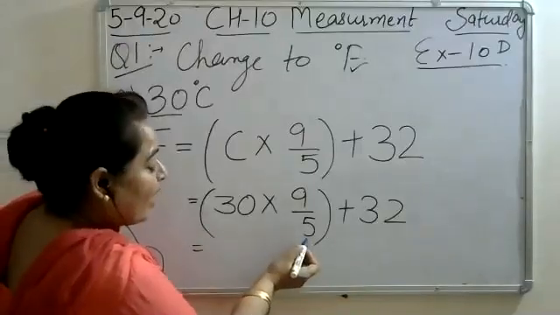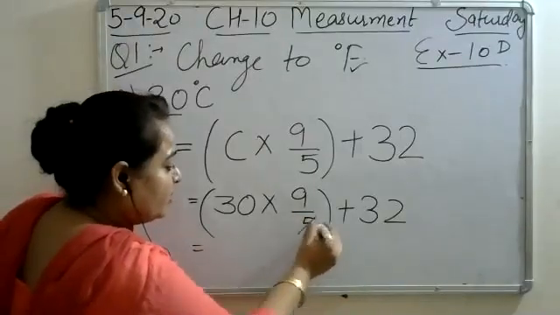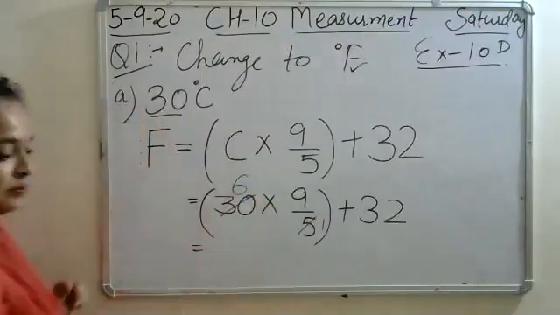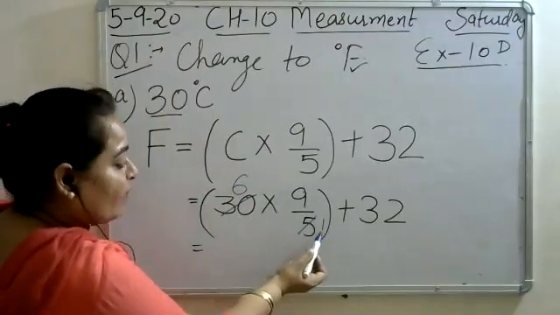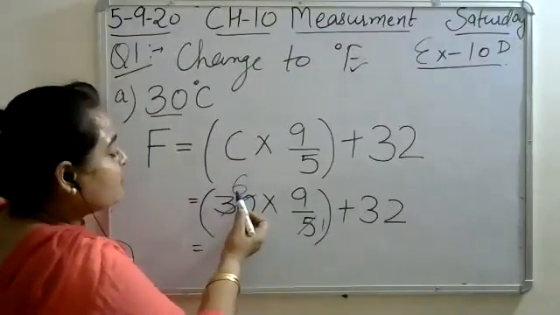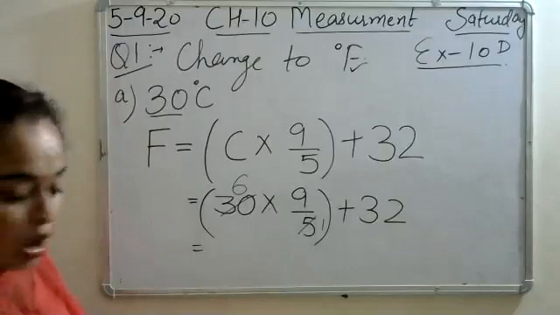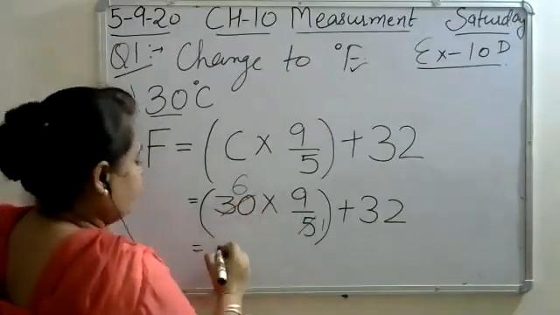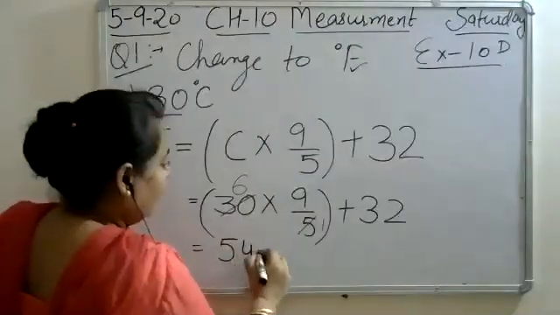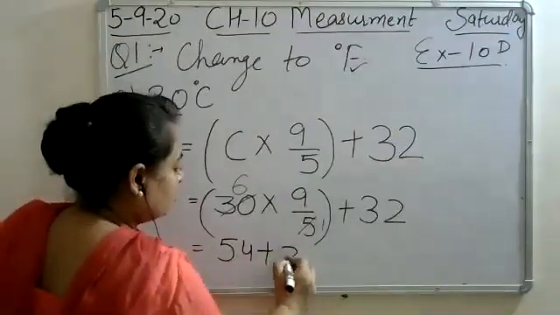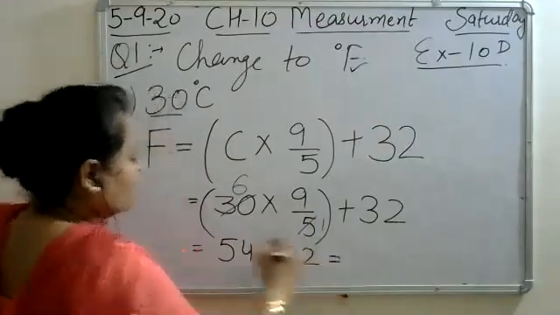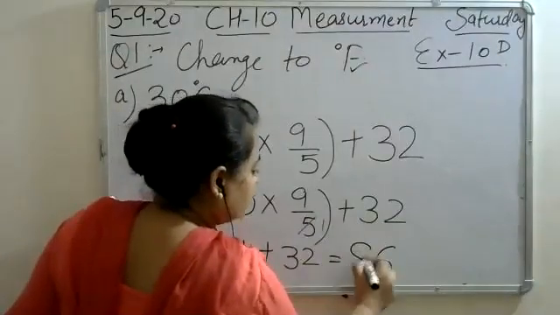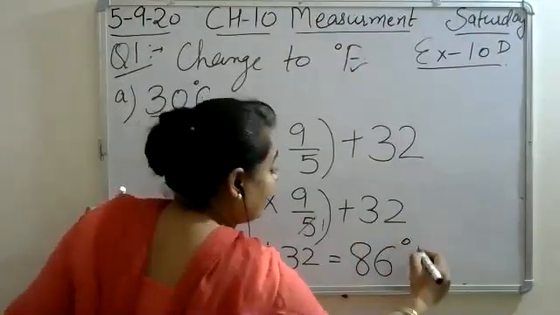Cancellation: 5 ones are 5, 5 sixes are 30. Now 6 multiplied by 9 is 54, plus 32 is equal to 86. Now you will write degree Fahrenheit.